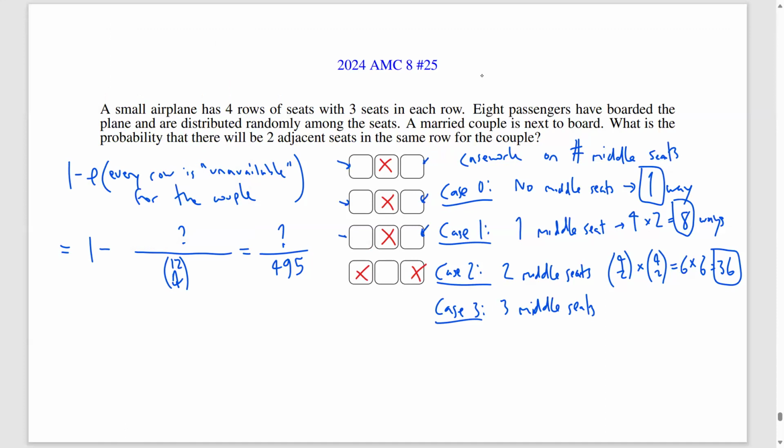So the number of ways that can happen is 6 choose 3, and then we have to multiply by 4 because there are 4 ways to choose which 3 middle seats are taken. Now 6 choose 3 is equal to 20, so 20 times 4 gives us 80.